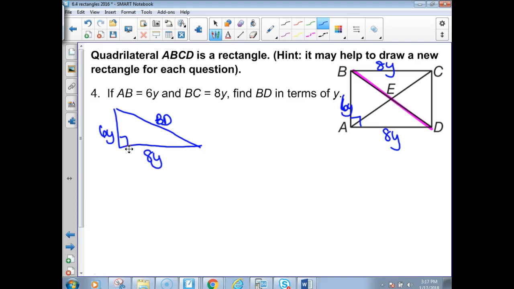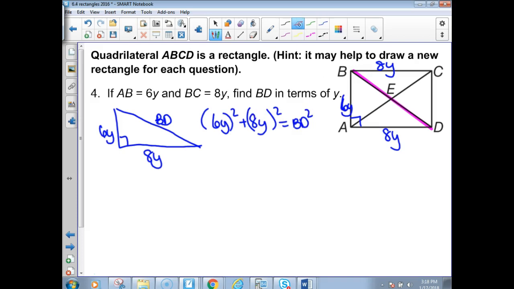We've done it probably 50 plus times this year. What's the theorem? Pythagorean theorem. Yep. a squared plus b squared equals c squared. So 6y squared plus 8y squared equals BD squared.